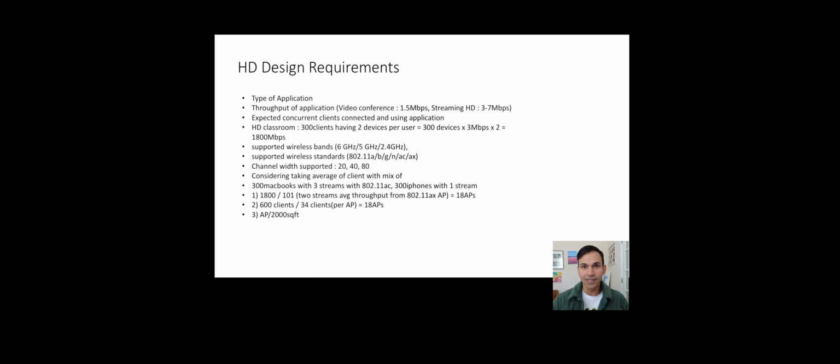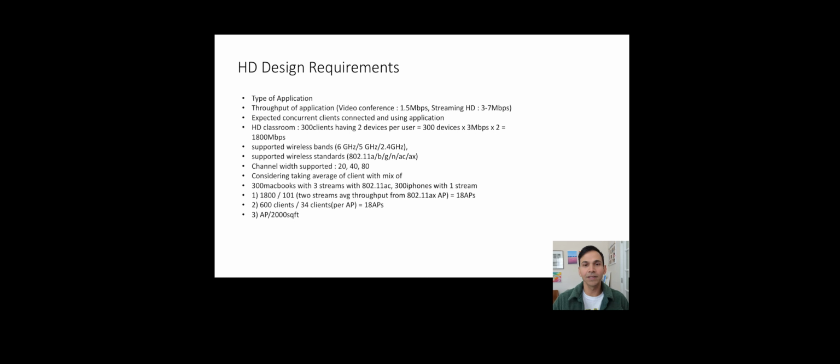In a high density classroom, if we have 300 clients, consider every student has 2 devices, so 600 clients. Then there are supported wireless standards, supported wireless bands, and the mix of the clients that will be used, MacBooks versus iPhones.